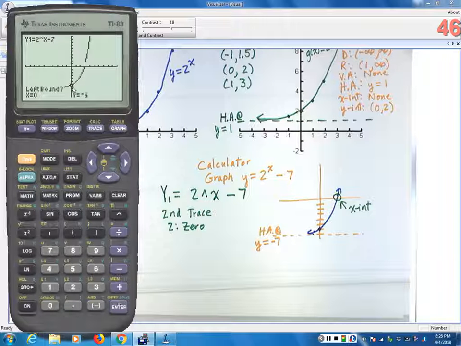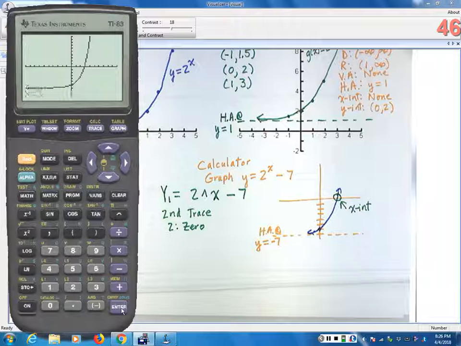And now we have a blinking cursor. We just need to be on the left of the 0. I'll move a little closer to it, but it doesn't matter. I'm to the left of the 0. I hit enter. Now it asks for a right bound. So I move above and to the right. Sometimes it's below and to the right, but on this it's above. And hit enter. And then, do I want to guess that it's a 3?